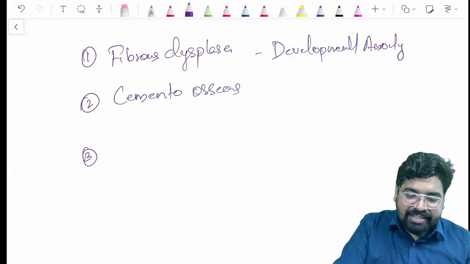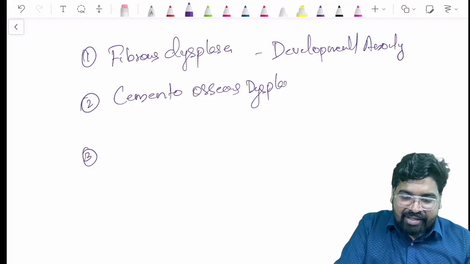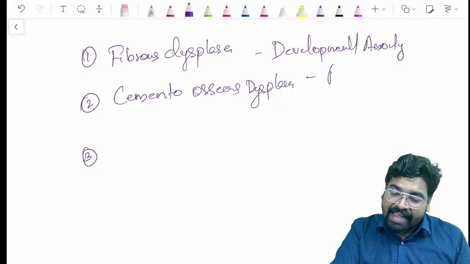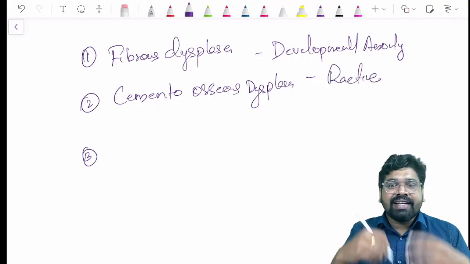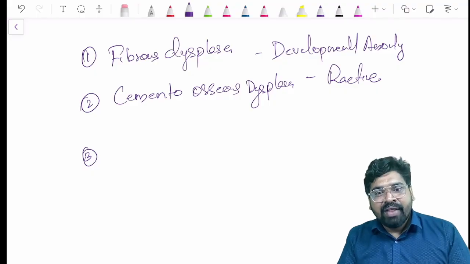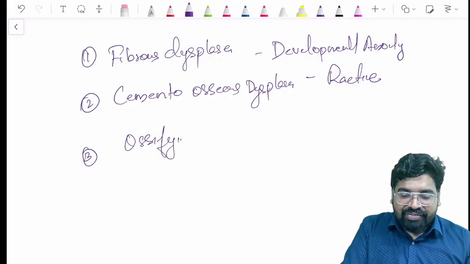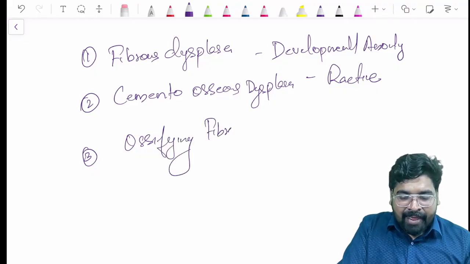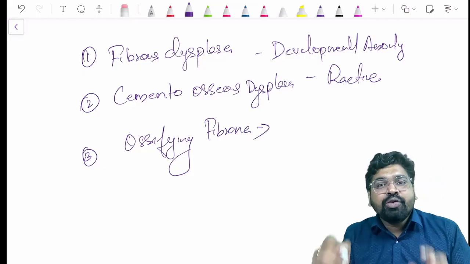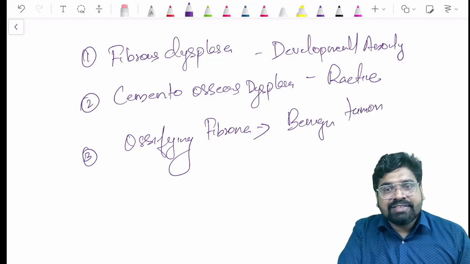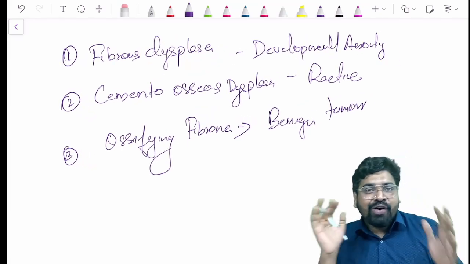Cemento-osseous dysplasia is considered a reactive lesion. Now the last one is ossifying fibroma, and this is a benign tumor. So fibro-osseous lesion is actually a representation from all the three.